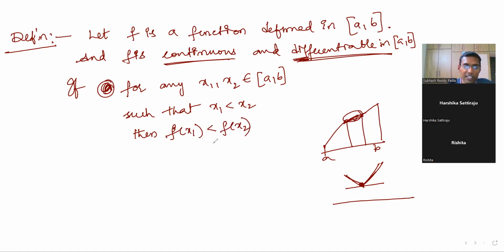What did you understand from this? If for any two numbers you take in the interval, such that x1 is less than x2, then f of x1 is also less than f of x2.